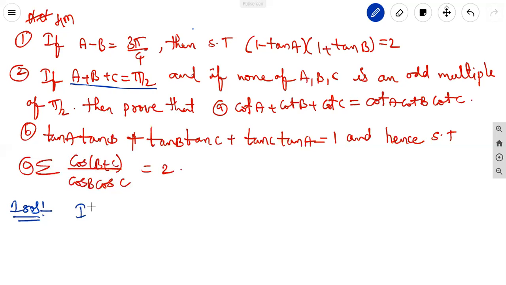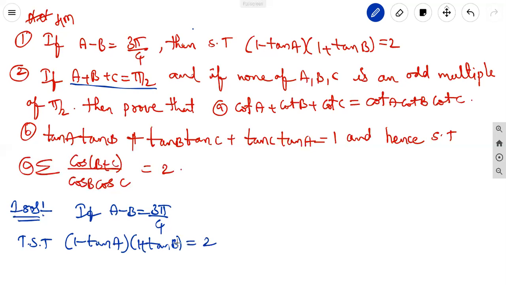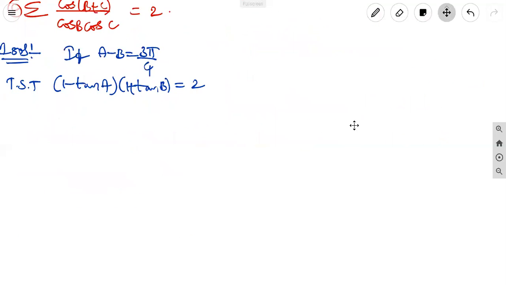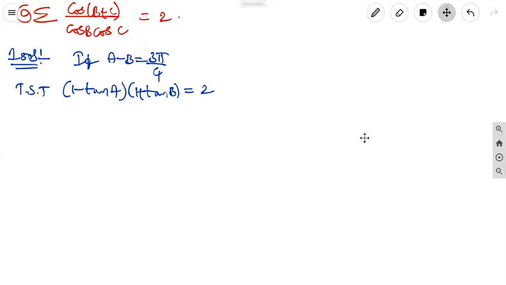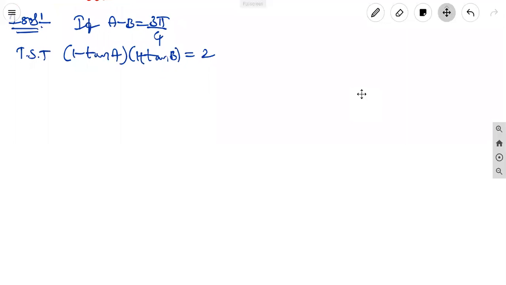First, we solve the first one. What they have given: if A minus B equals 3 pi by 4, we have to show that 1 minus tan A into 1 plus tan B equals 2.